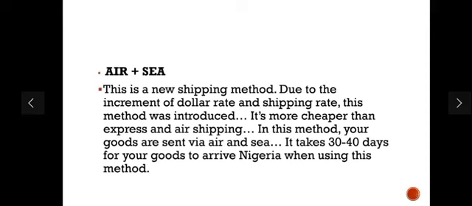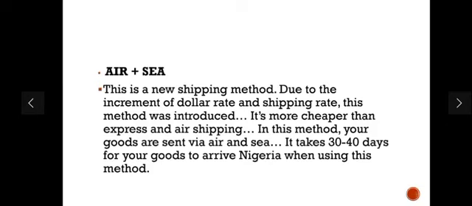So the other one is the air plus sea shipping method. Due to the increment of dollar rate and shipping rate, this method was introduced. It is much cheaper than express and air shipping. In this method, your goods are sent via air and sea. It takes 30 to 40 days for your goods to arrive in Nigeria when using this method.